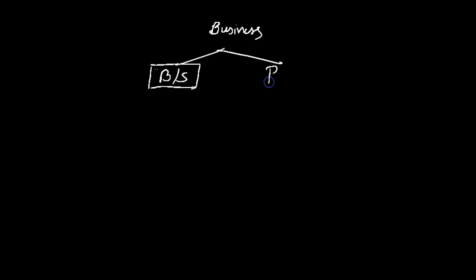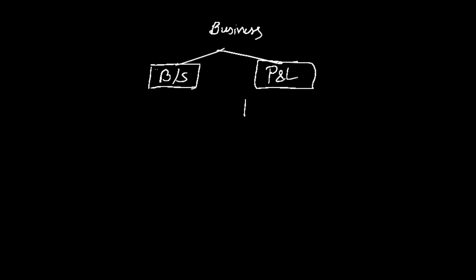To know how the business is doing, whether it is doing good or bad, the business prepares two statements. One is the balance sheet, which is prepared at any point of time, and the other is the profit and loss account.